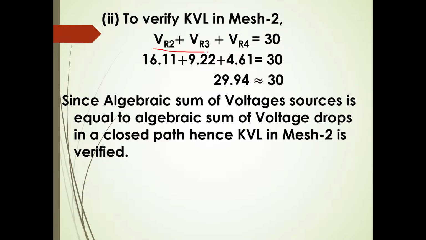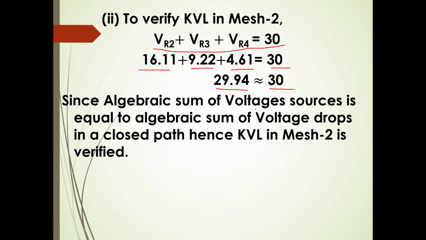VR2 is 16.11, VR3 is 9.22, VR4 is 4.61. So 16.11 plus 9.22 plus 4.61, you will get 29.94, which is approximately equal to 30.